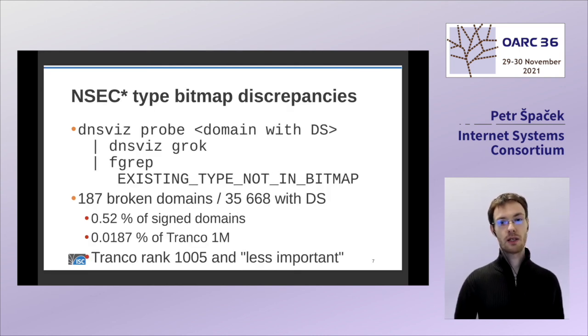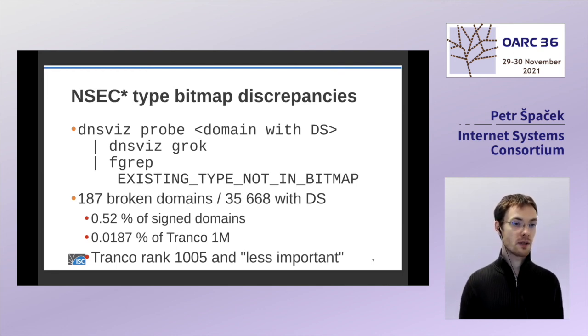Then with this list of signed domains, we ran DNSViz on all of them. DNSViz, in the very recent versions, has a check which explicitly queries for supposedly non-existing types and the types which are listed in the NSEC type bitmap and checks whether there are any discrepancies.